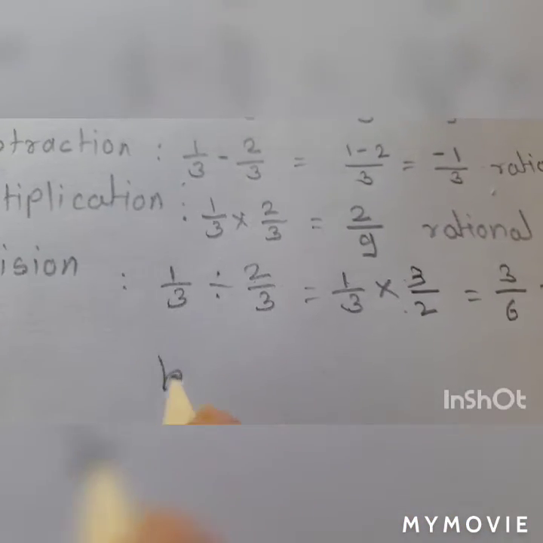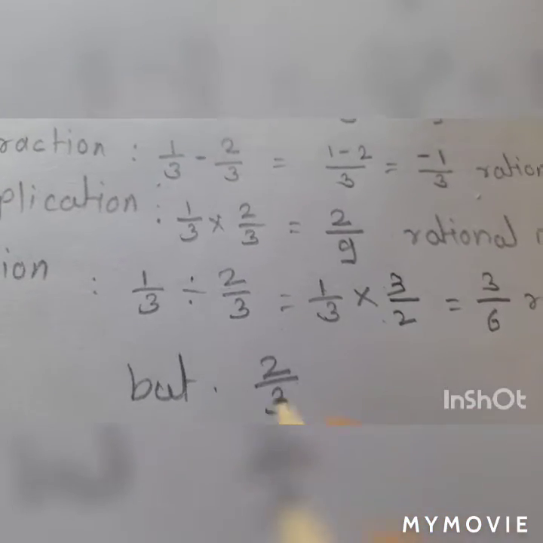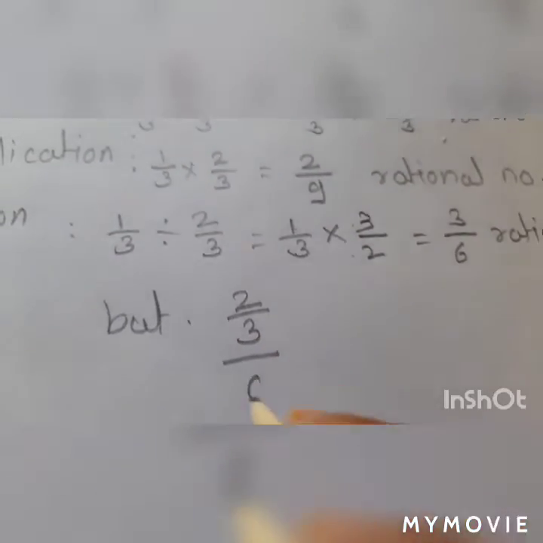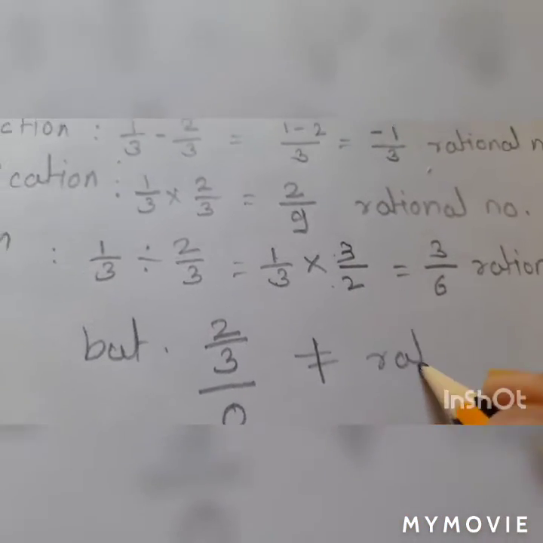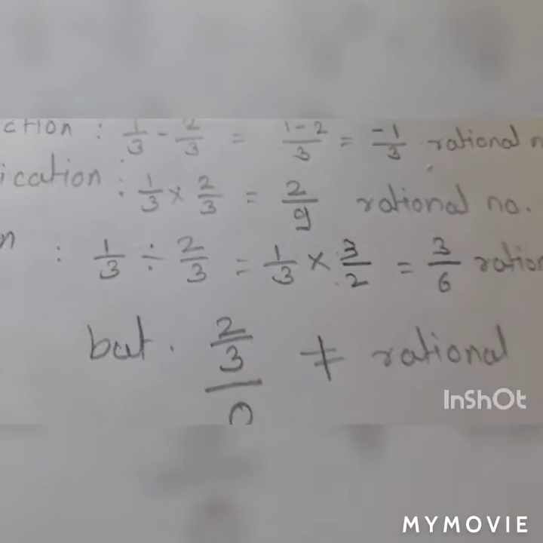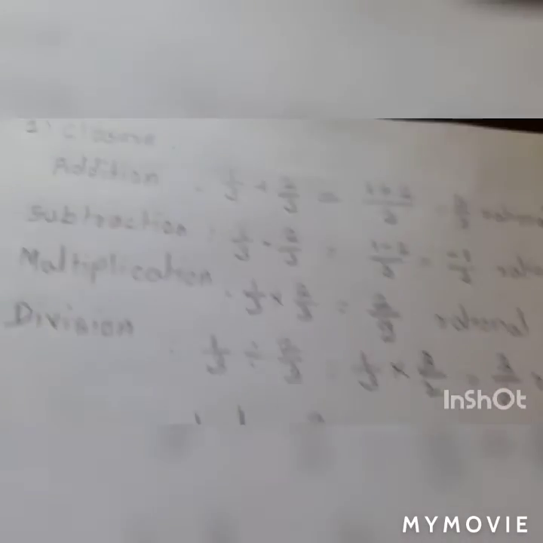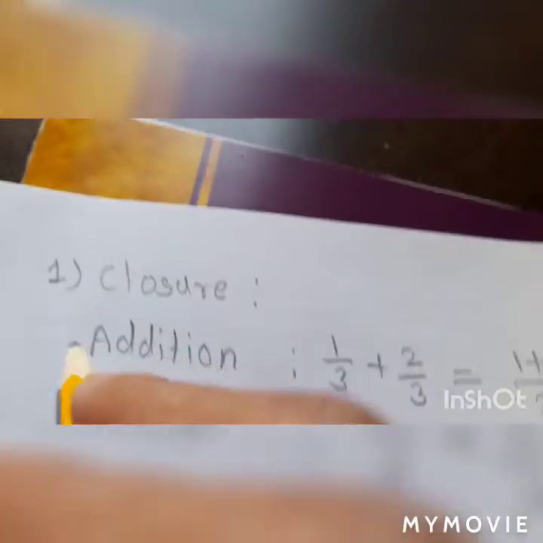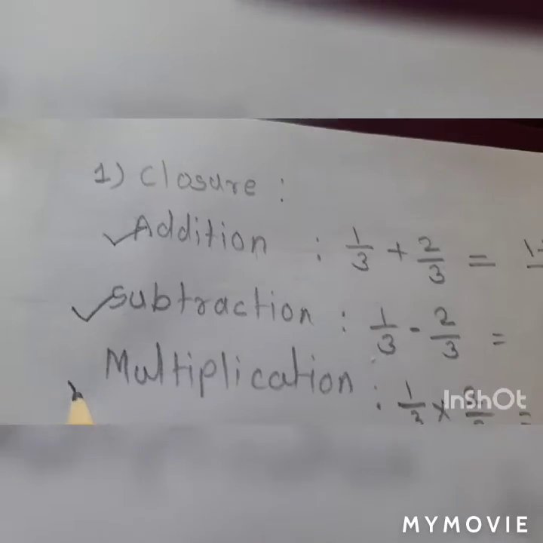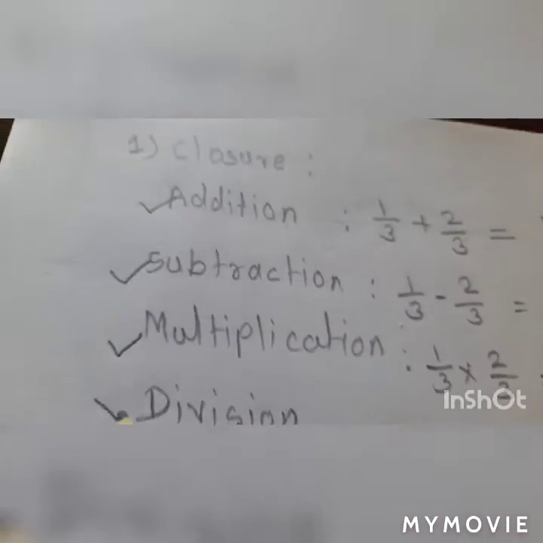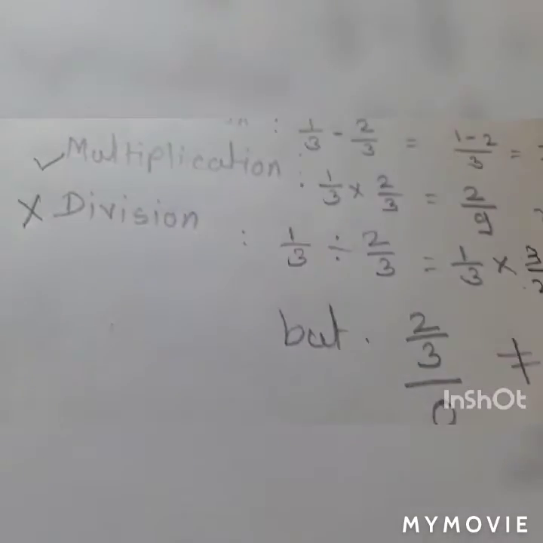But friends, if we divide any rational number by 0, the answer is not a rational number, because it becomes indefinite. Therefore, addition, subtraction, multiplication satisfy the closure property, but division does not.